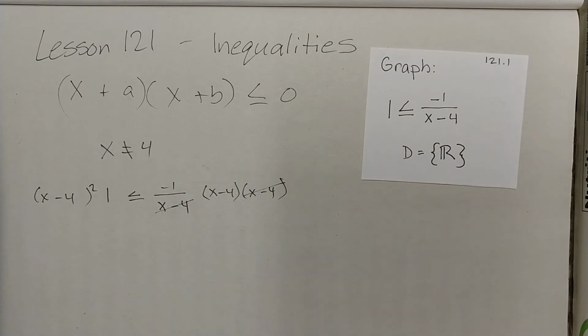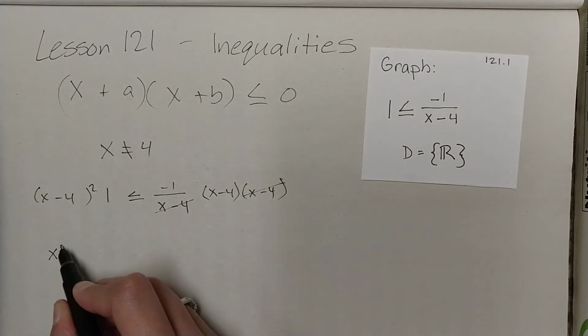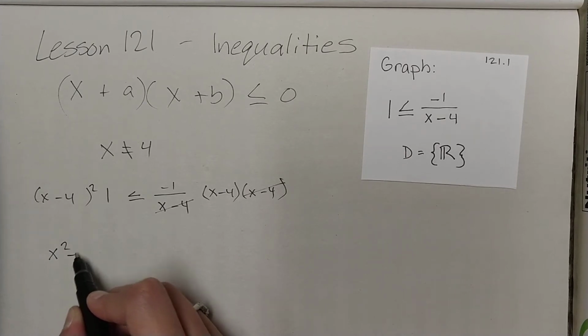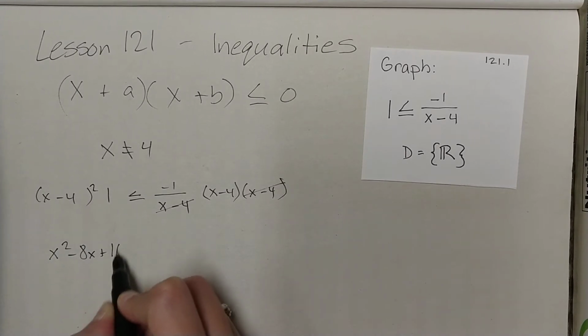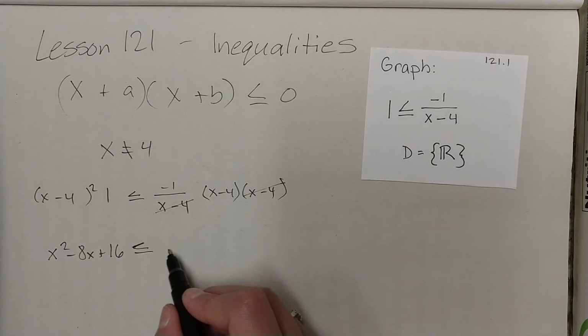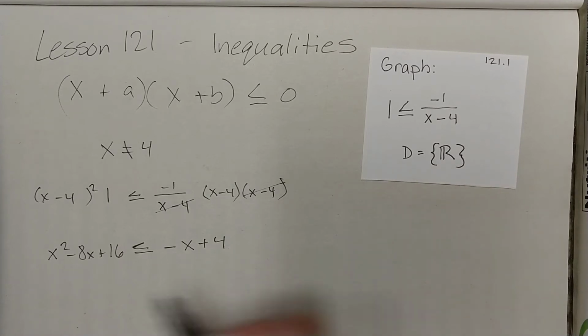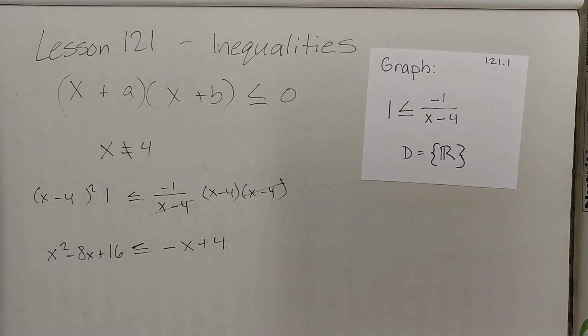Let's go ahead and simplify this. We can cancel those out. Let's expand this, and then put everything on one side of the inequality sign.